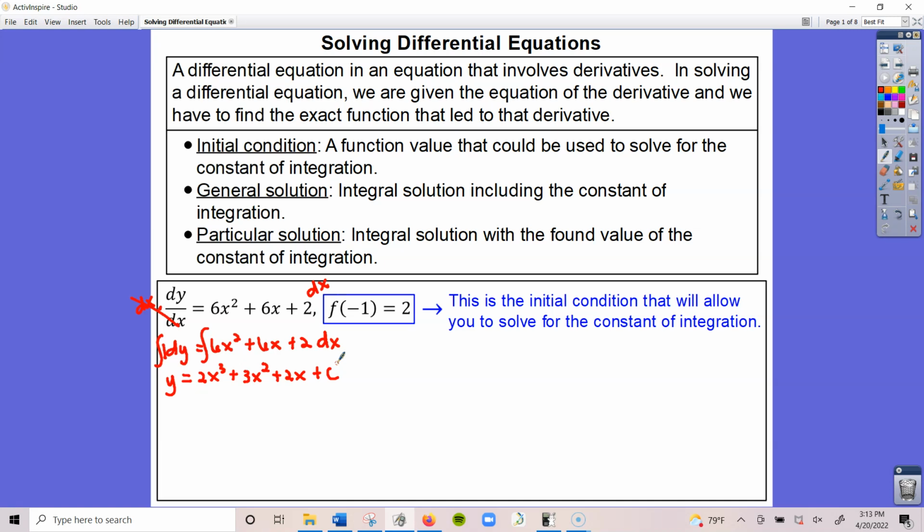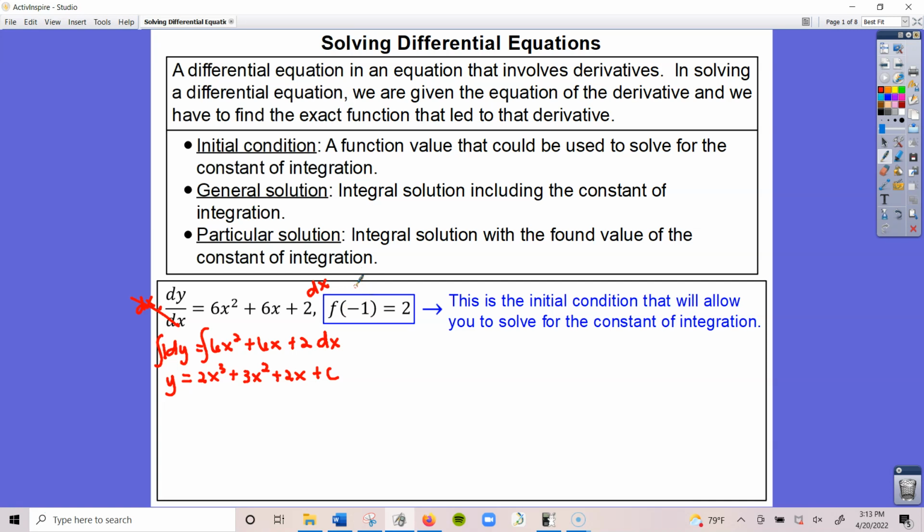So this is my general solution, but I want the particular solution, the one that actually has what the value of c is. So we are going to take this initial condition and plug it in.